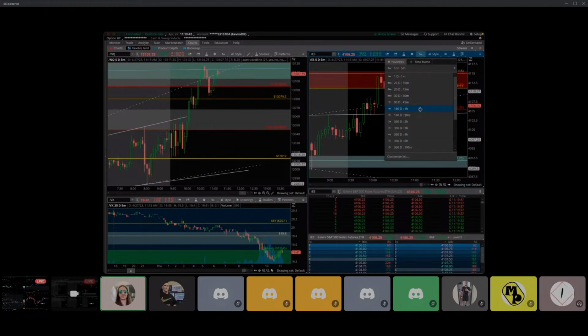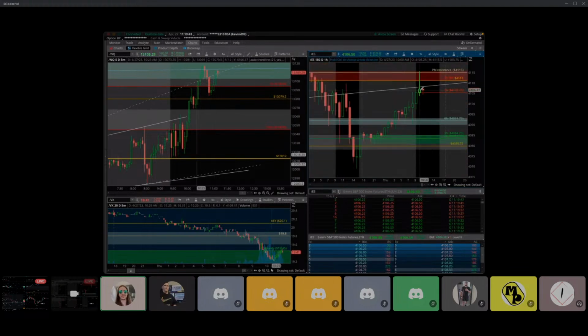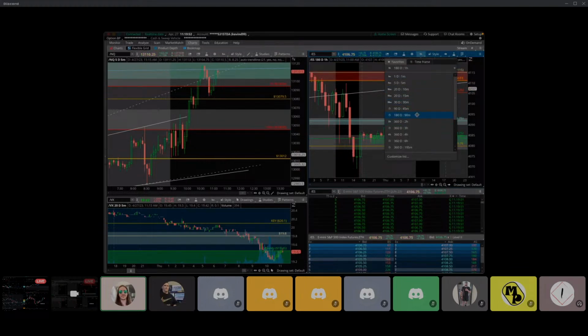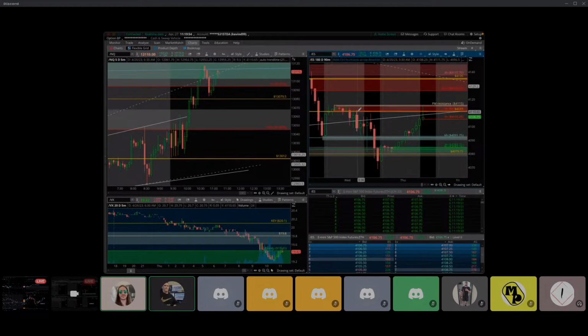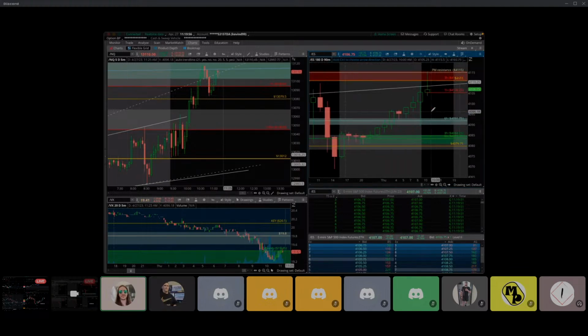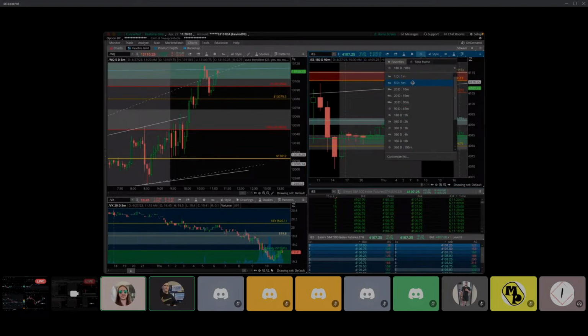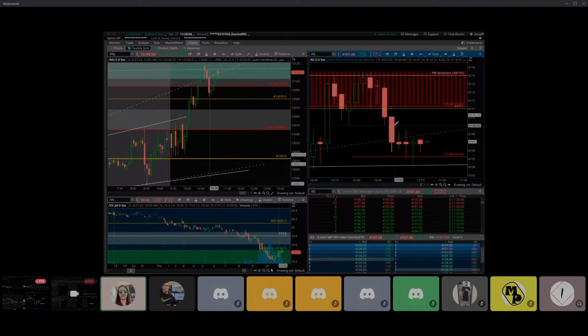Because if we look at the hourly and 90-minute, the hourly already printed the basing candle if we continue before 12 o'clock. And the 90-minute did not close yet, but is also looking to print a valid basing candle off of a rejection of a 3-hour zone. So definitely shorts are the play. The question is, when do we get them?